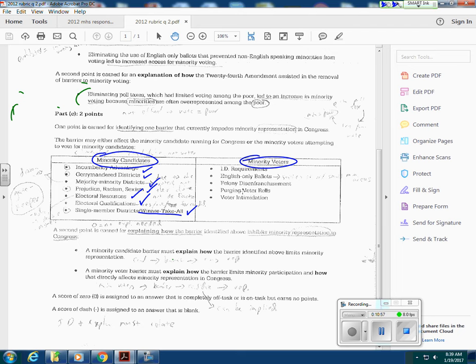And then barriers to minority voting would be ID requirements, English only ballots, the fact that felons can't vote, purging of voter rolls. You'll see that in a movie called Recount after the AP exam. And then voter intimidation. That's where you could bring like the Klan and stuff like that into that one if you wanted to. Okay? So those would be your identify points. And to get the explain, notice they say you must explain the barrier identified and that it limits minority representation. Minority voter barriers, you must explain how the barrier limits minority participation in Congress.